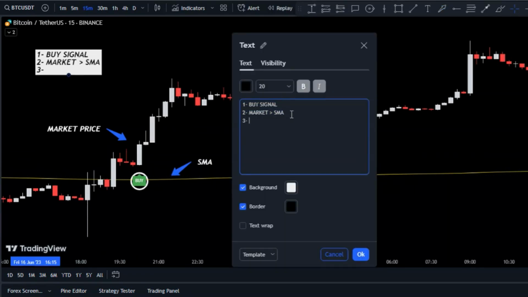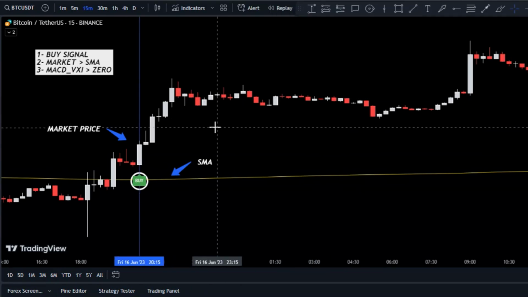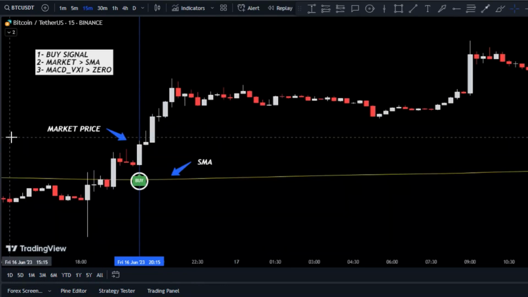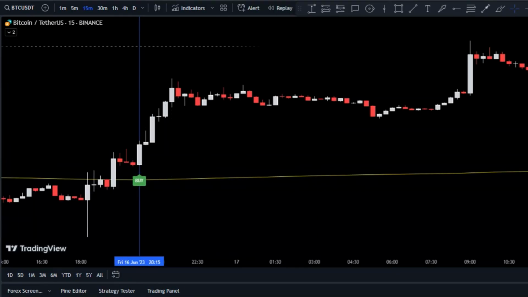Now moving on, ensure the histogram of the MACD VXI indicator is positive. With these conditions met, the long signal is confirmed and you can proceed to open a long position.